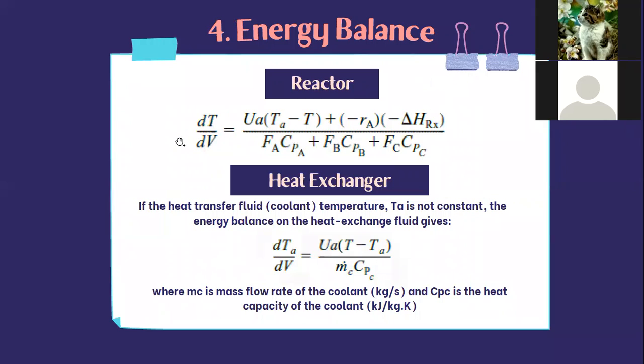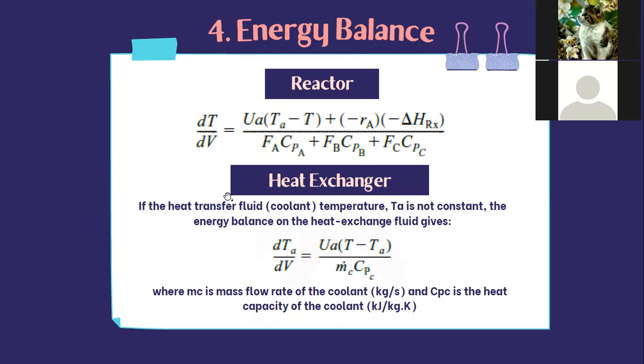And then we do the energy balance. For this reactor, dT, the differential of temperature over the volume, is equal to UA multiplied with the temperature of the coolant minus T, plus negative rA multiplied with the heat of reaction, over FA CPA plus FB CPB and FC CPC that we calculated earlier.